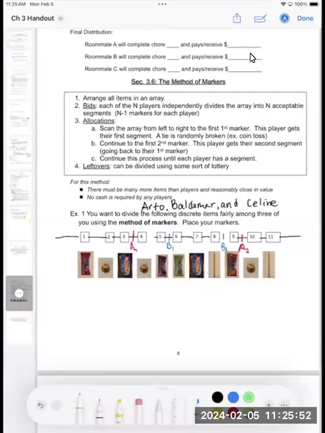Let's say that she doesn't really like candy, but she wants to make sure to get the pencils maybe. There's only 2 pencils, so maybe she wouldn't care where she puts her first one, but she would make sure to put her second one where the pencils are. So maybe she would put her first one here and her second one here.